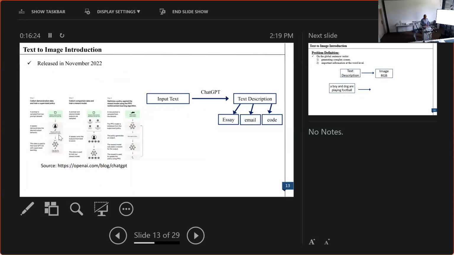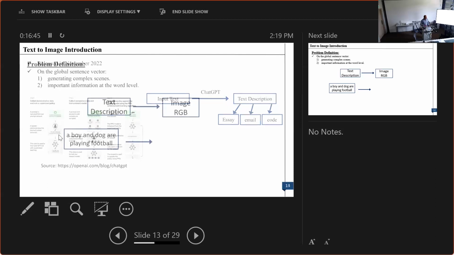So let's move to our talk. Since everyone knows about ChatGPT, the idea is that you can write any text in ChatGPT and it gives a text description.